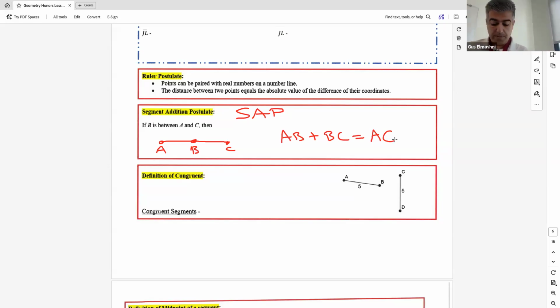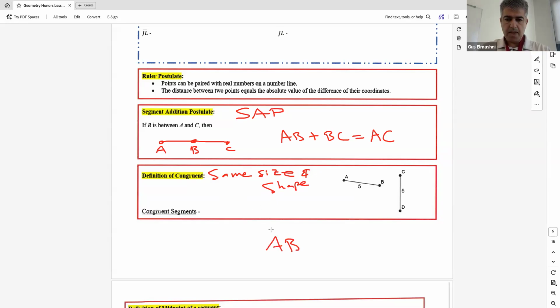Congruent means equal, or more specifically, same size and shape. We use that term a lot as well. So we would write AB, then an equal sign with the tilde sign above it.